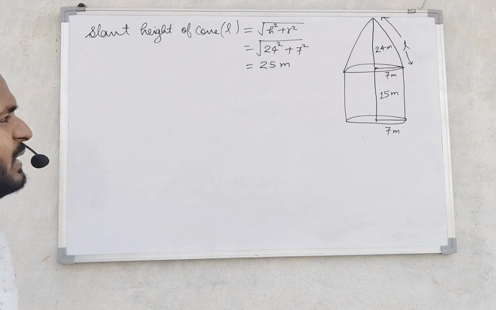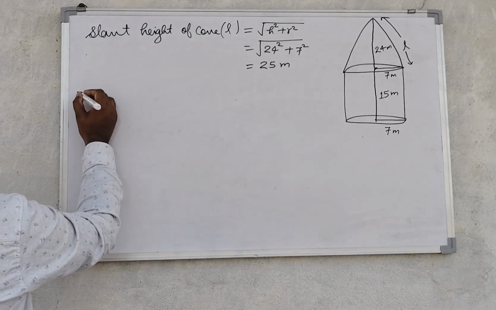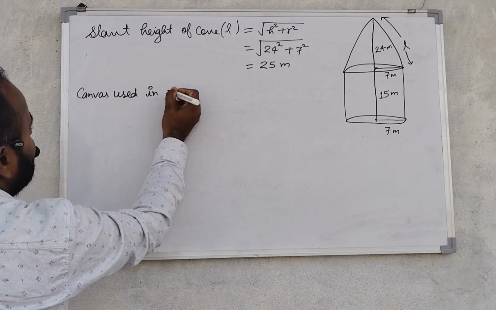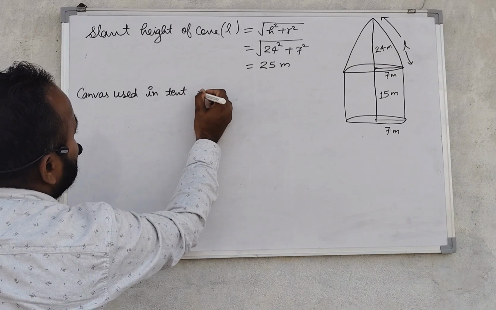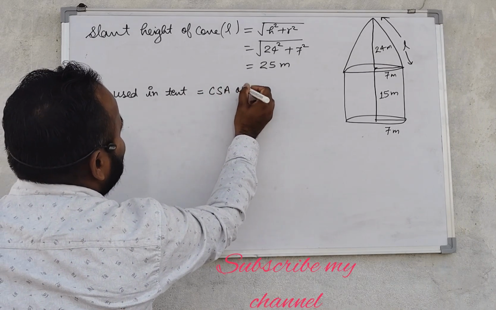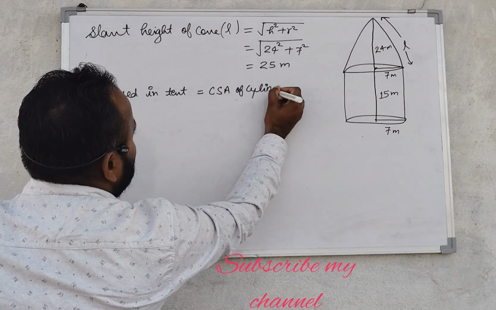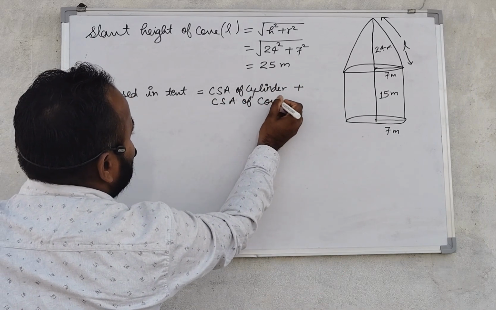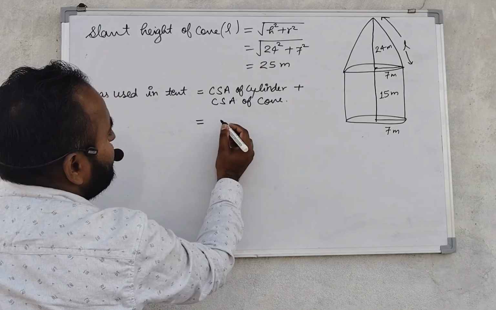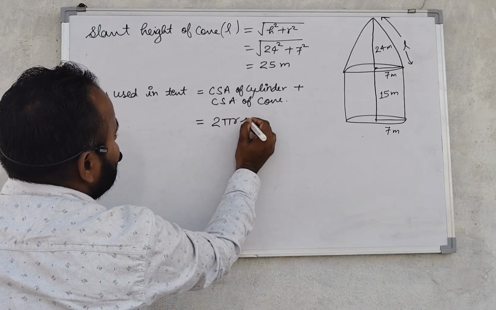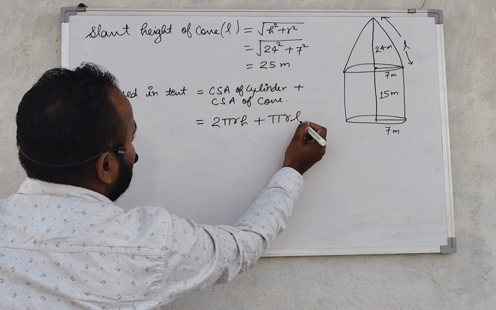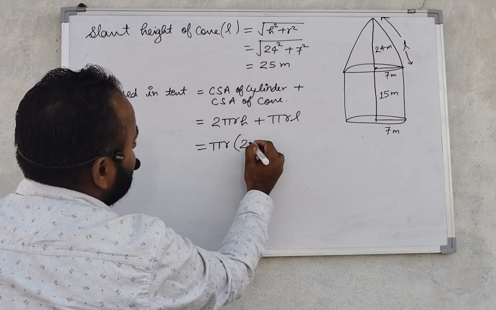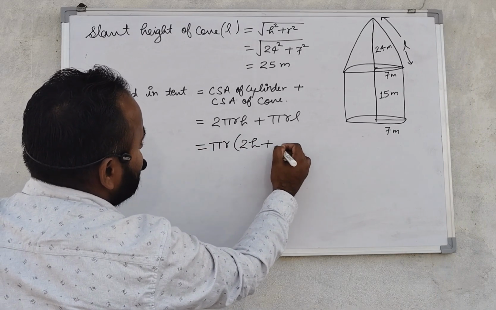After that, the canvas used in the tent equals CSA of cylinder plus CSA of cone. The formula is 2 pi r h plus pi r l. Here pi r is common, so take pi r common, and the remaining part is 2h plus l.